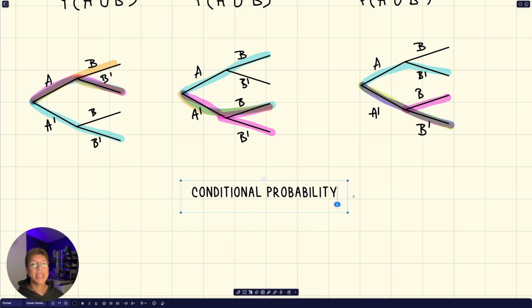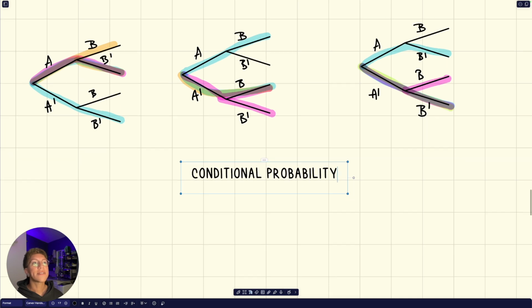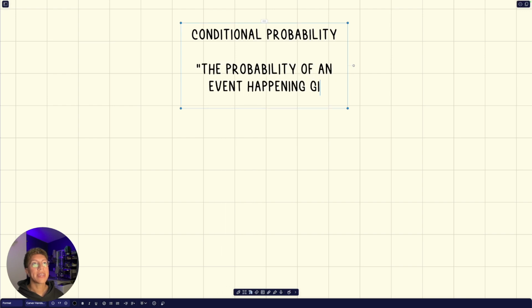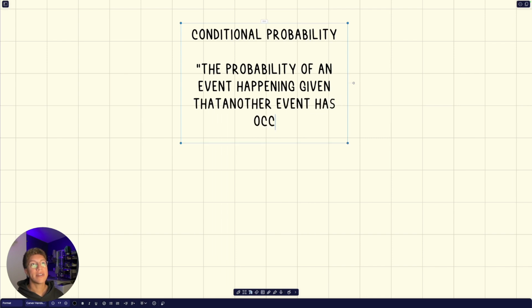Conditional probability is represented by the vertical bar, and the English for that, I guess we can also put in here, is the probability of an event happening given that another event has occurred.